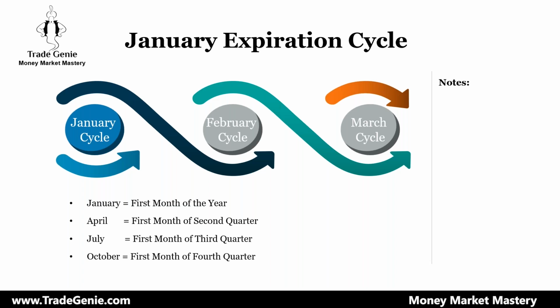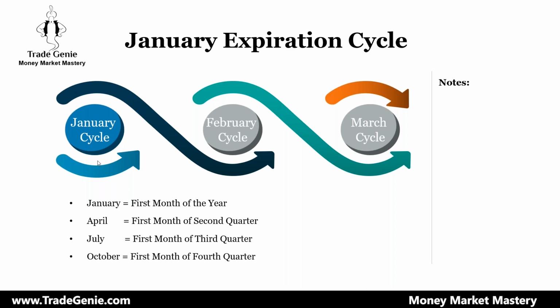January is the first month of the year, April is the first month of the second quarter, July is the first month of the third quarter, and October is the first month of the fourth quarter. So if a stock, let's say Apple, is assigned to January cycle, then these months will be automatically assigned to Apple.